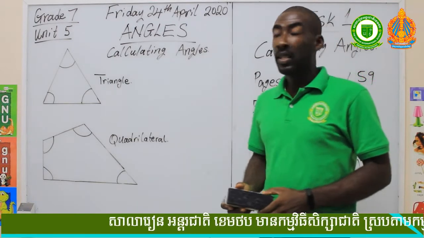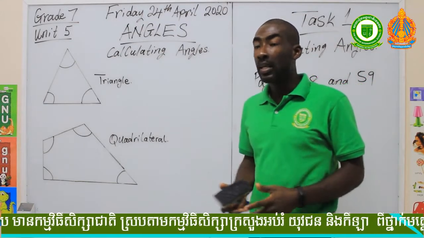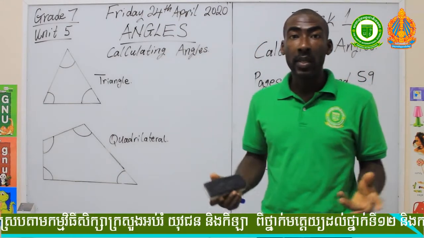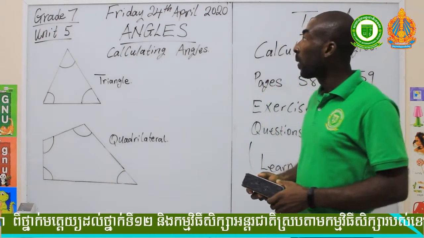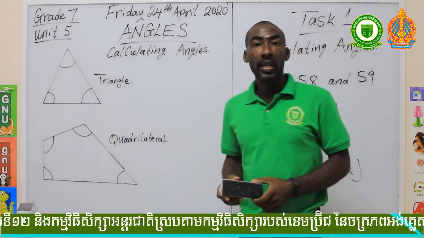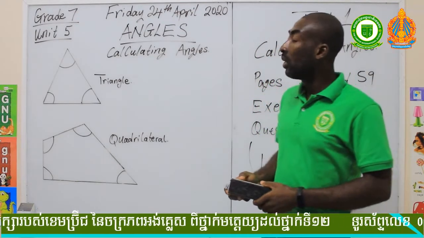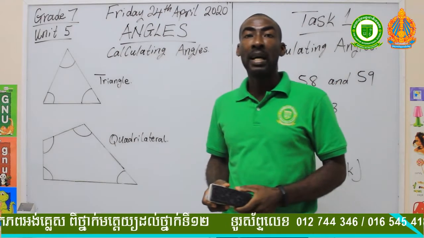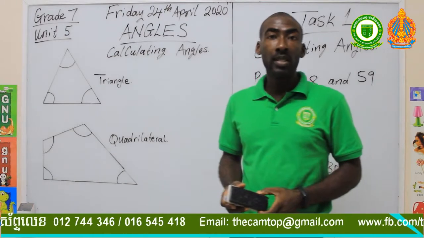From last week's lesson, we started angles and we learned how to draw angles, how to estimate, and the different types of angles that we have. We learned that a right angle is 90 degrees. An angle on a straight line is 180 degrees.